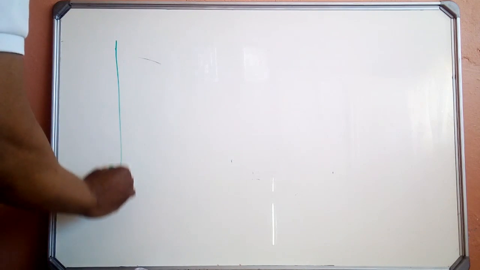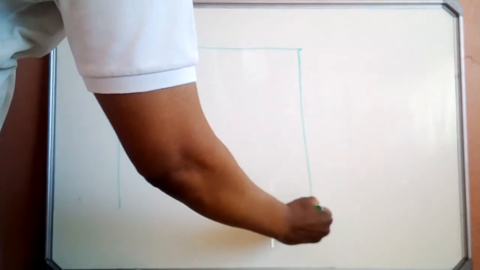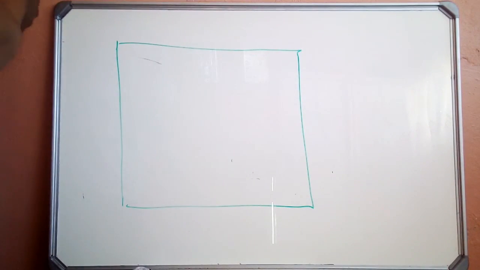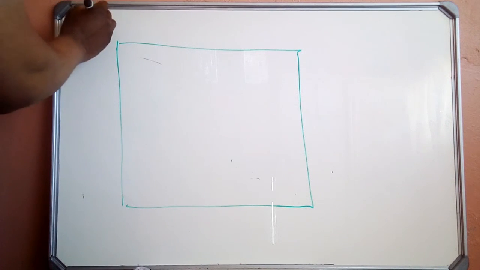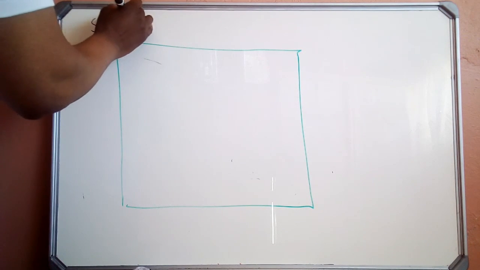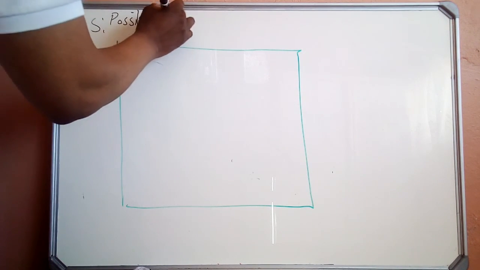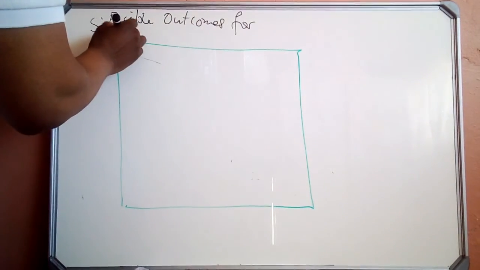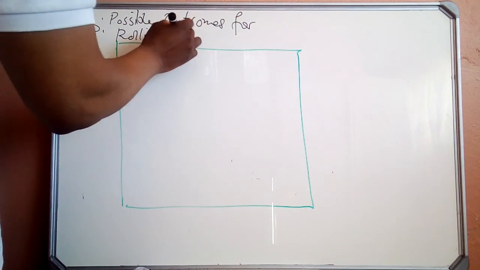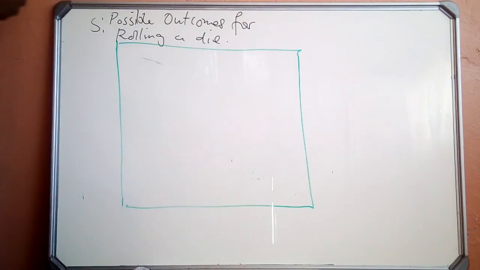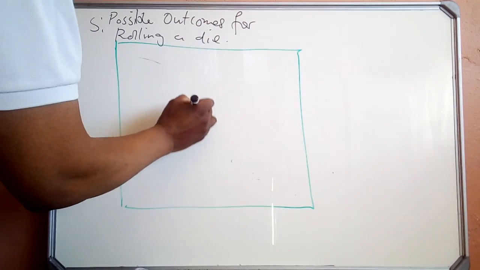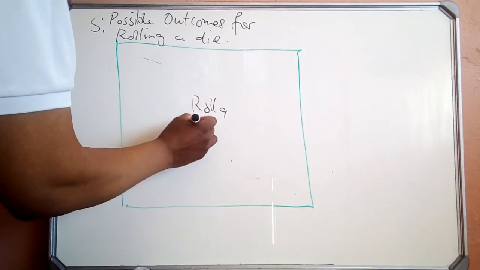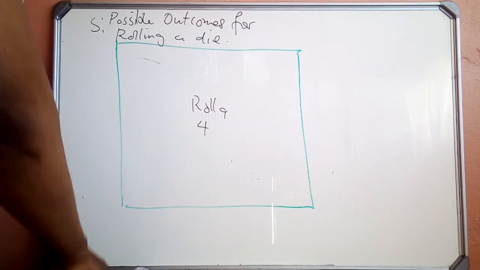All right, there is our Venn diagram, and then we've got S, which is our sample space, all possible outcomes for rolling a die. The possible outcomes for rolling a die, and then we've got roll a 4, right in the center there. All right.